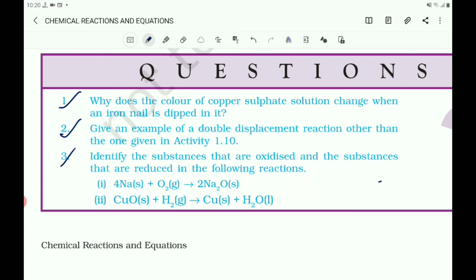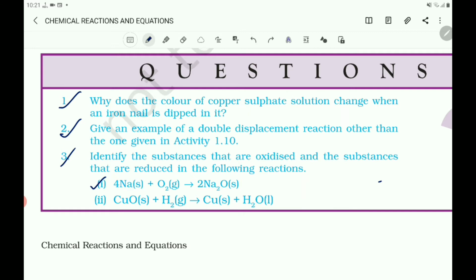The third question is, identify the substances that are oxidized and the substances that are reduced in the following reactions. Here we have to identify the substance oxidized and substance reduced in each reaction. In the first reaction, sodium reacts with oxygen to produce sodium oxide, Na2O. Here sodium is oxidized.